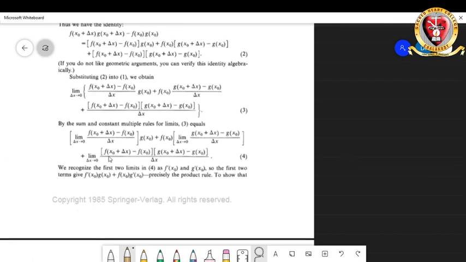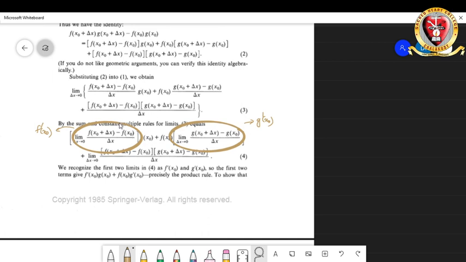And in the first term, we can understand that this term is actually the definition of f dash of x, and this is nothing but the definition of g dash of x. So this is g dash of x naught, and this is nothing but f dash of x naught. So you can have them written like that.